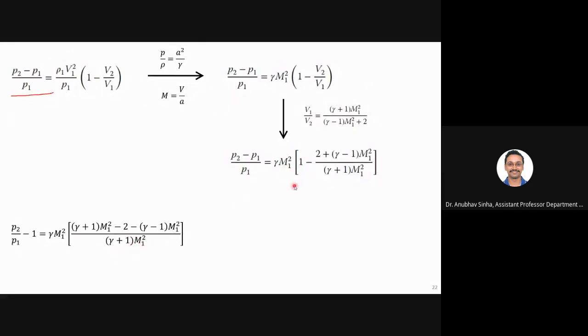I will take the common fraction, so it will be minus 1, and gamma M1 square I can write, basically this 1 minus this will go up, and I'm expanding the numerator. So 1 will become this term, gamma plus 1 M1 square, gamma plus 1 M1 square minus 2 into this term. I'm just expanding this, that's all.